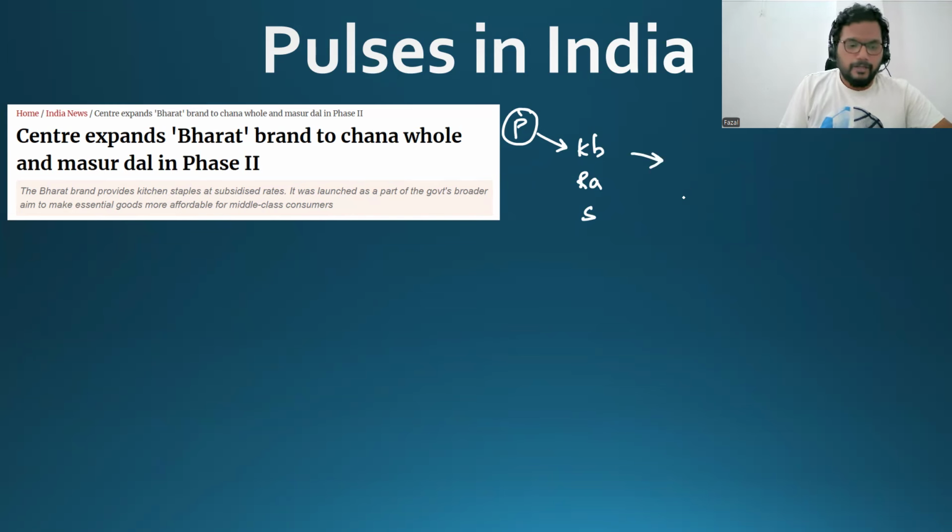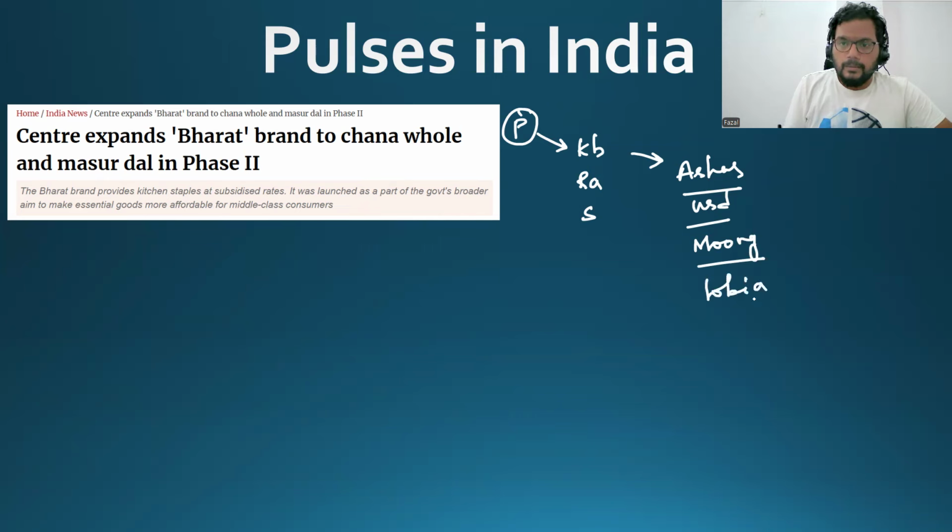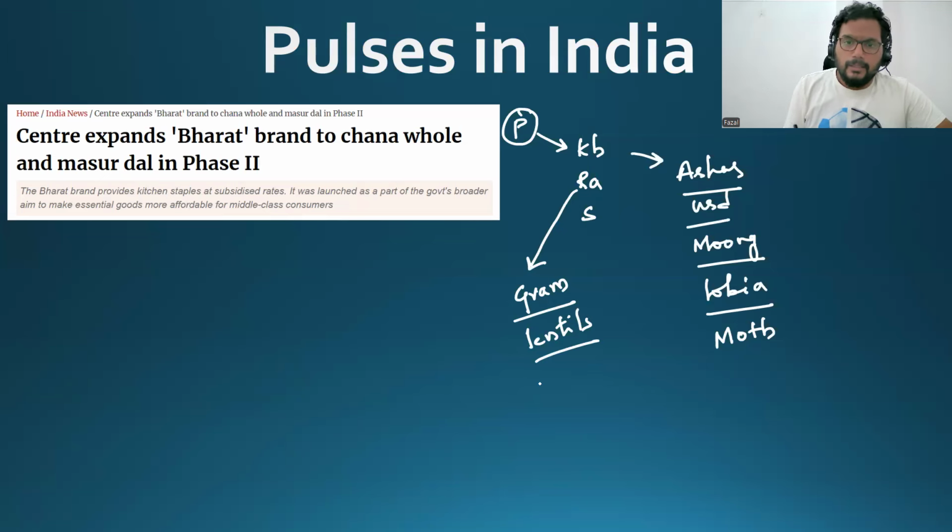In Kharif, what we cover is the Arhar, and the second one we cover is Urad, that is actually called black gram, Moong, Lobia, and Moth. The Rabi covers gram, lentils, and Rajmash.